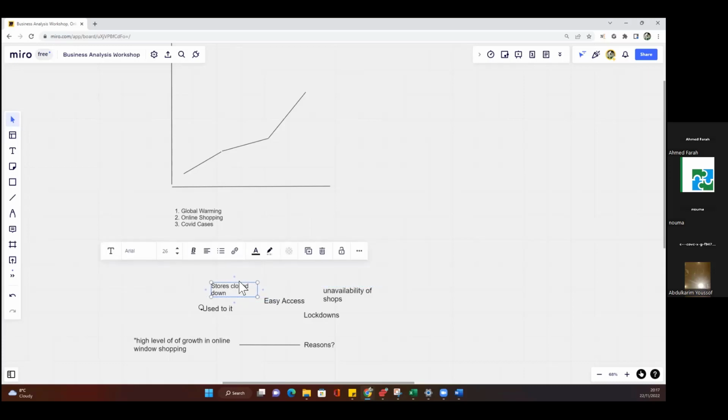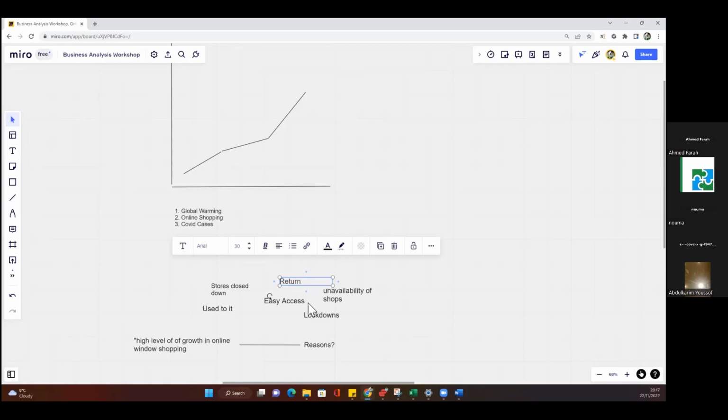I would say some other reasons are, for example, that you now have the ability to return things and get a full refund. You can open it and try it. That wasn't there in the past. Very few outlets allowed you to buy something, take it home and return it. There are also technological changes.